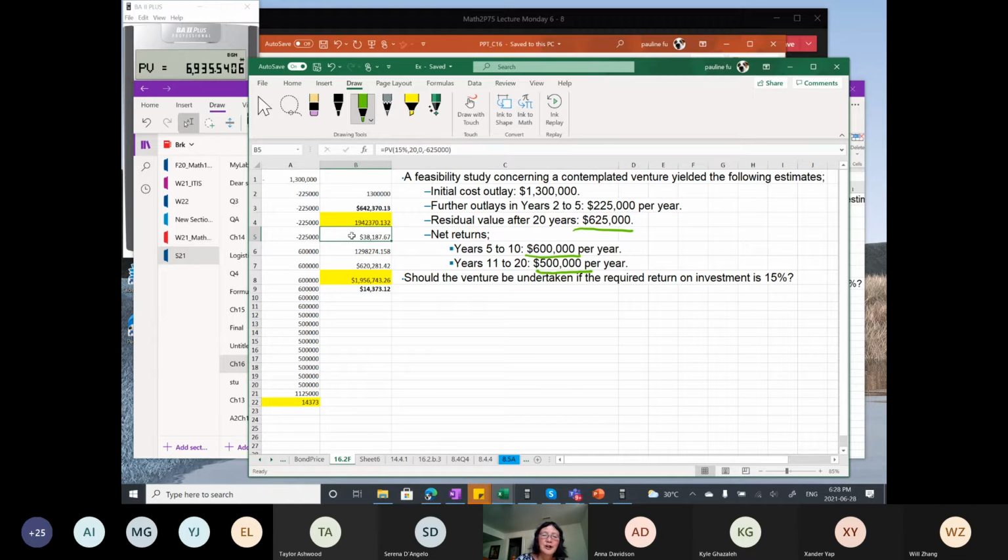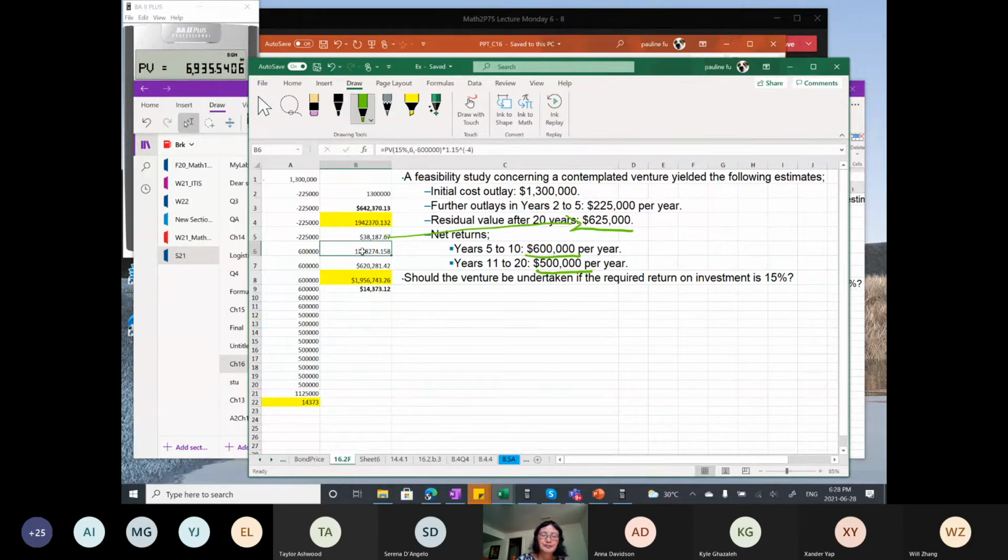You can use the Excel present value formula. So the formula is: equal to PV, interest rate is 15%, over 20 years. This 625 is the future value. And this number corresponds to here. What is the present value for this one? And now figure out what is the present value for 600.